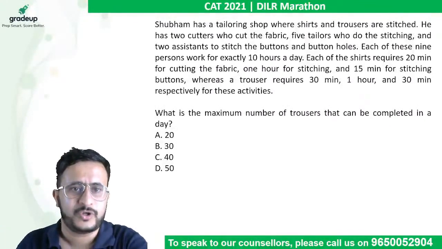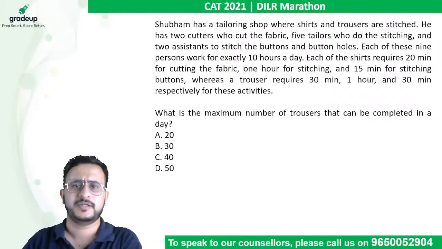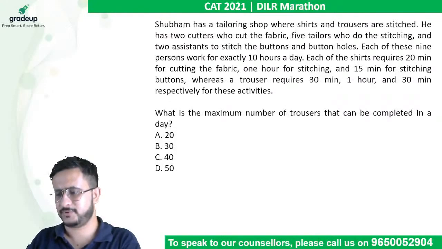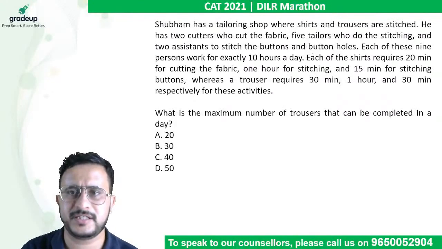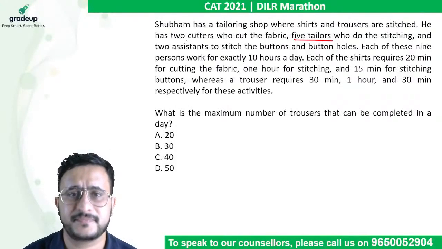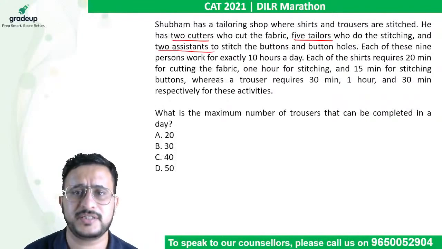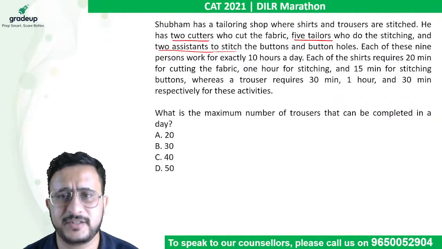Okay. All right. So now it is again a question on maxima and minima. This is like optimization of work, right? He has a shop, with two cutters who cut the fabric, five tailors and two assistants to stitch, for buttons and buttonholes.